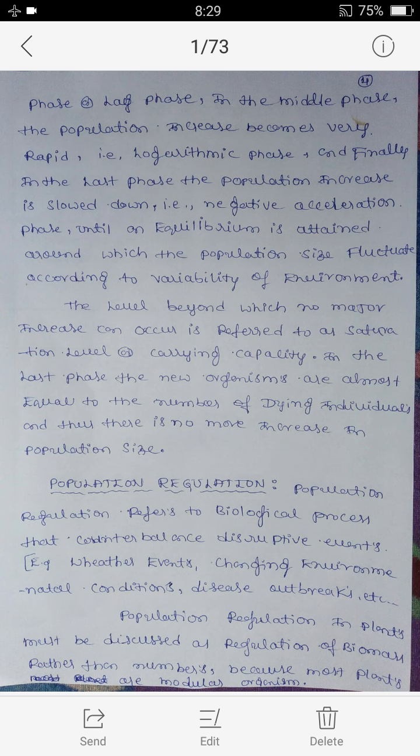Examples: weather events, changing environmental conditions, disease outbreaks, etc. The population regulation in plants must be discussed as regulation of biomass rather than numbers, because most plants are modular organisms.